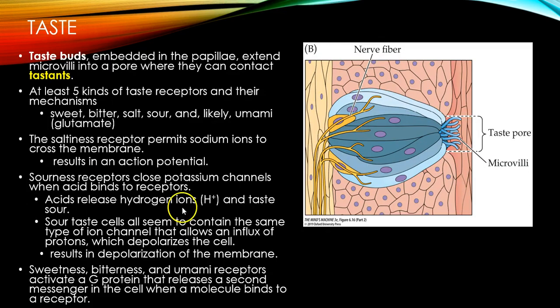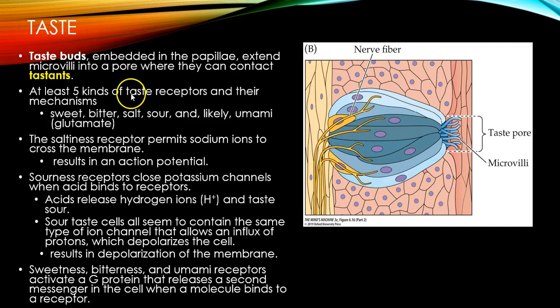So the taste buds are embedded here. And extend out these microvilli right here, these little extensions that contact chemicals that we call tastants, things that you can taste. And there are at least 5 different kinds of taste receptors.